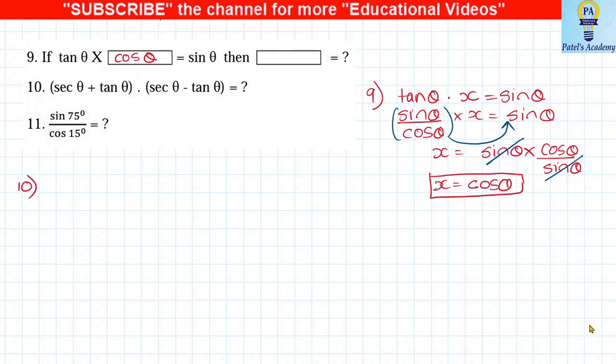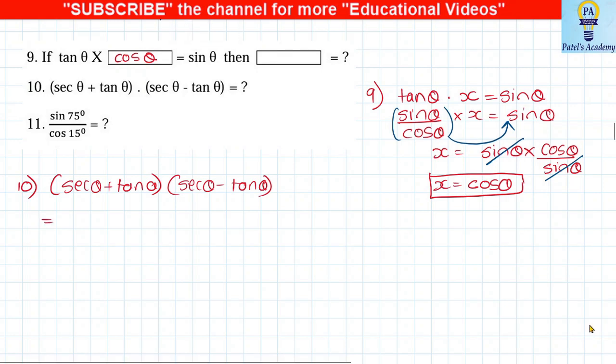let's see the 10th one. Let me write down the question first. Sec theta plus tan theta into sec theta minus tan theta equals dash. We will solve this. Here we are using an identity of a plus b, a minus b. So this is a plus b, this is a minus b.